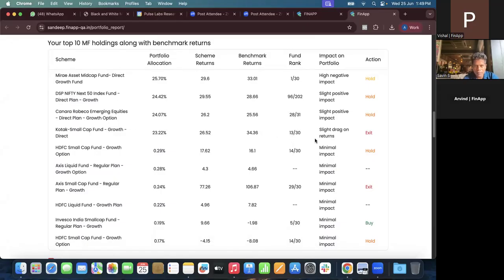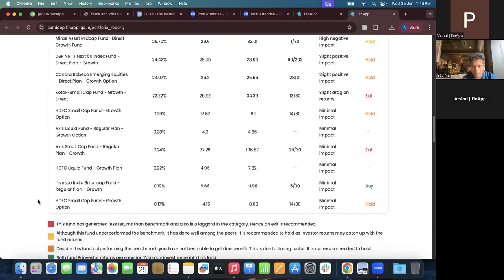So I would say, since it is not doing good, it is better to switch out. Same goes for this particular fund also. During the same period, the benchmark has given 106% return, while it has only given 77. Then the ranking of the fund is also very low.